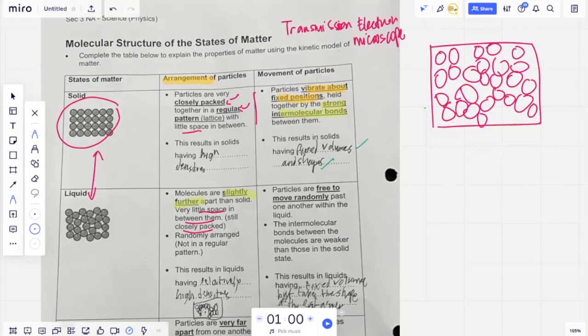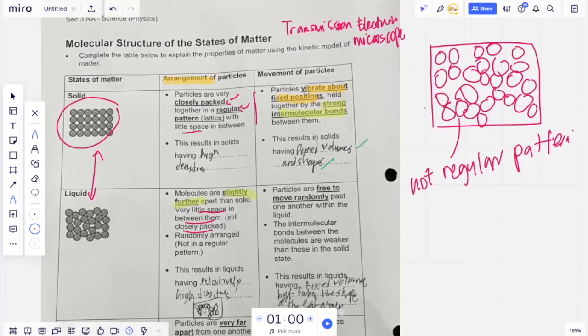So they are still considered as closely packed. They are allowed to move, and they are not in a regular pattern anymore. There are still a lot of molecules in that fixed volume, and the spacing in between the atoms and molecules is very small, so they're still closely packed.